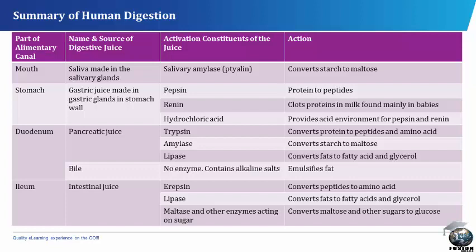In the ileum, the intestinal juice is produced, and the activation constituents of the juice are the erepsin, the lipase, the maltase, and other enzymes acting on sugar. The action include: 1. Converting peptides to amino acid, converting fat to fatty acid and glycerol, and converting maltose and other sugars to glucose.